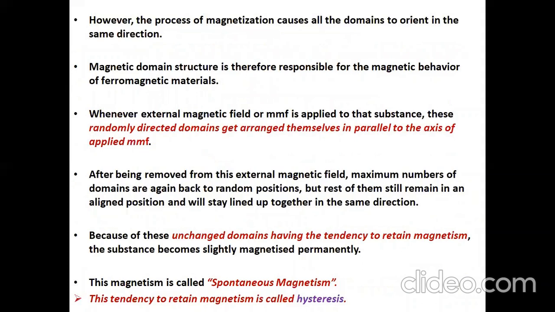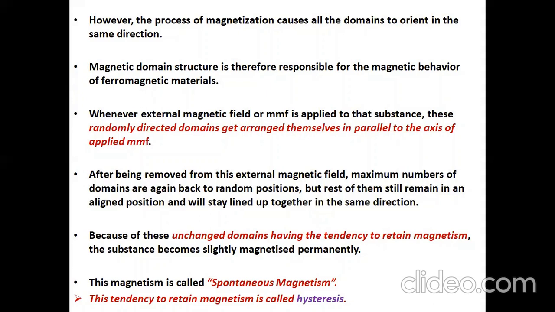However, the process of magnetization causes all the domains to orient in the same direction. Magnetic domain structure is therefore responsible for the magnetic behavior of ferromagnetic materials. Whenever an external magnetic field or magnetomotive force is applied to that substance, these randomly directed domains arrange themselves parallel to the axis of the applied magnetomotive force.